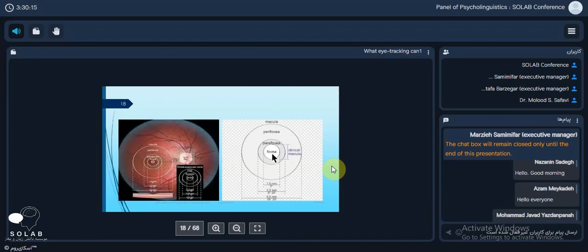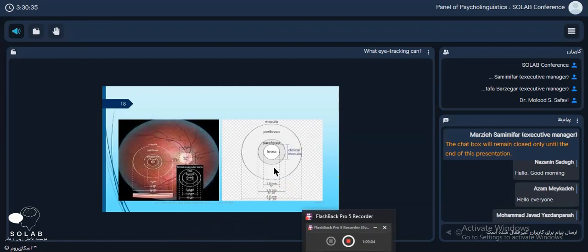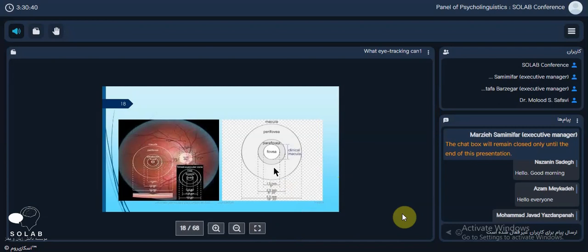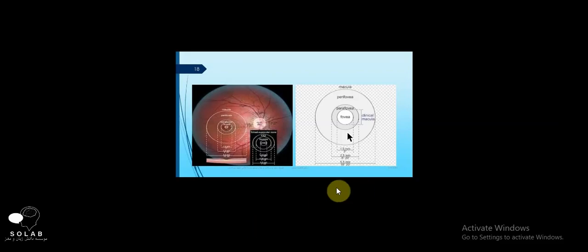In the center of the macula is a 1.5 millimeter fovea, and around it you can find a 5 millimeter part, the parafovea. For about 3 or 4 years, language scientists, neurolinguistic, psycholinguistic and cognitive neurolinguistic scientists have found the parafovea a very, very important part of processing.